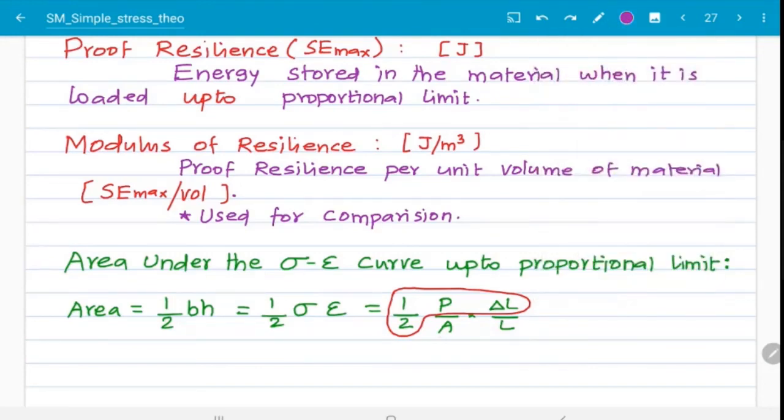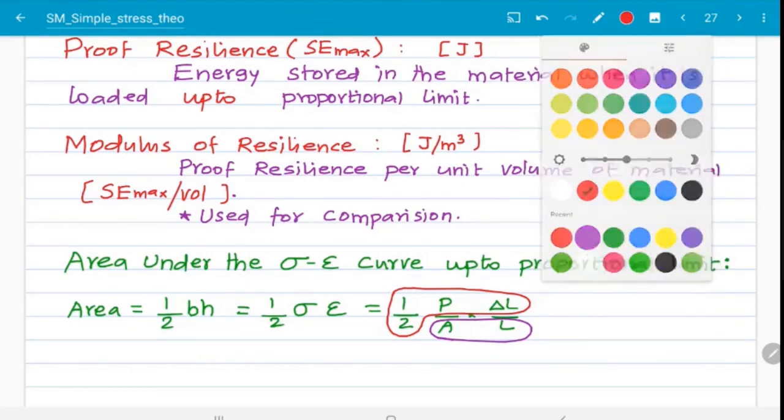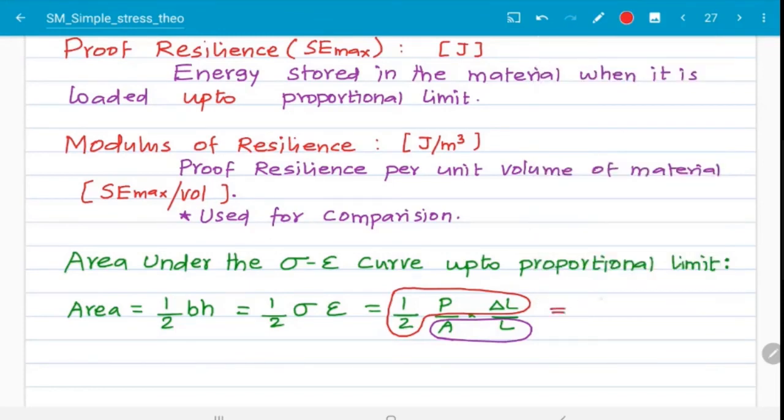Then in the denominator, cross section area into length of the specimen, volume. Now it is equal to strain energy. Since we are loading up to proportional limit, we can say it is maximum strain energy per unit volume of material.